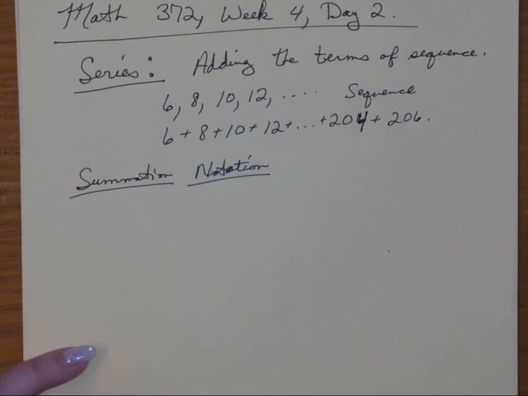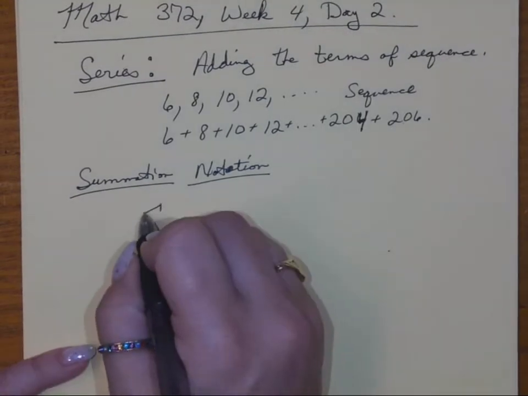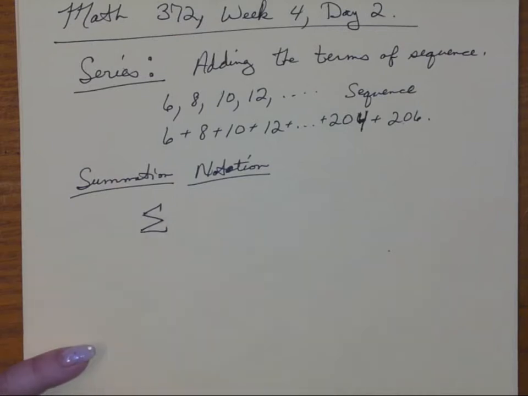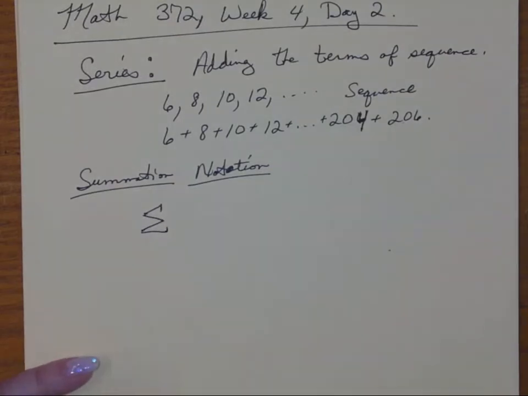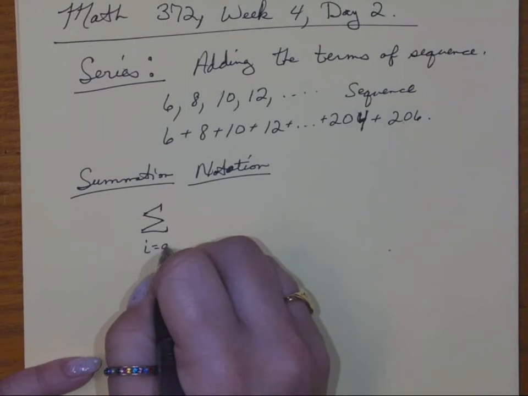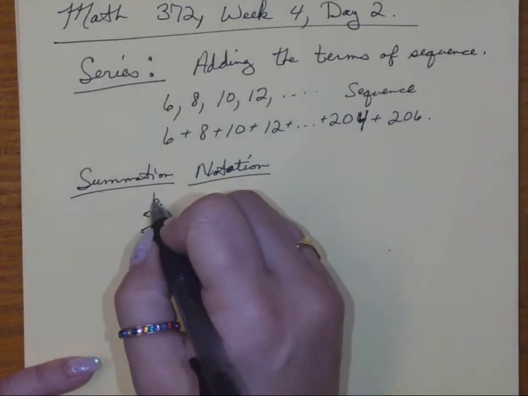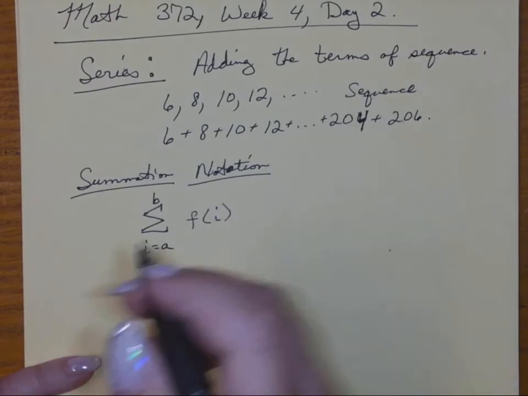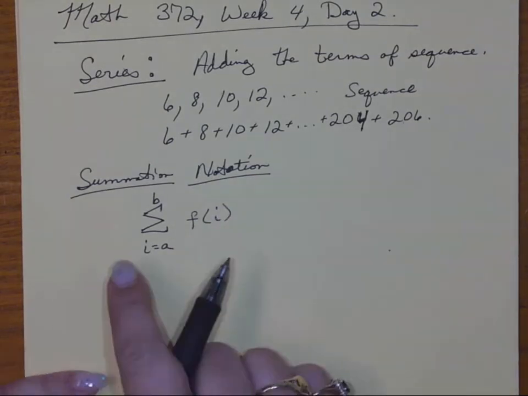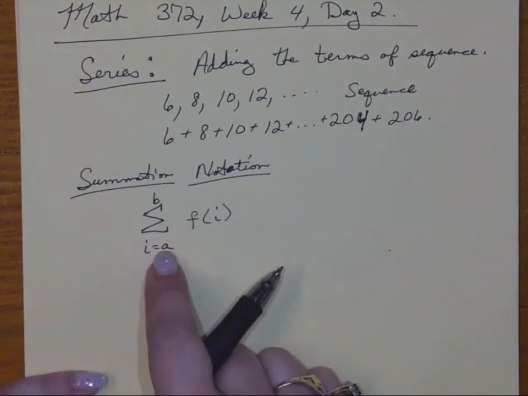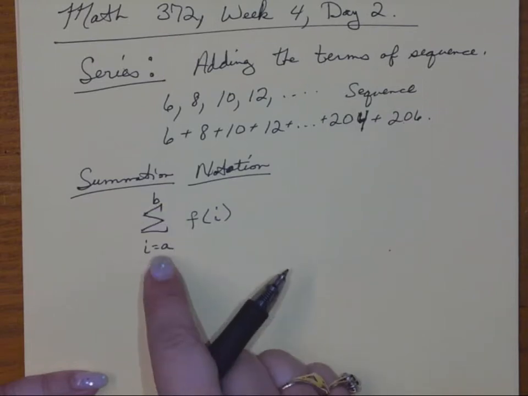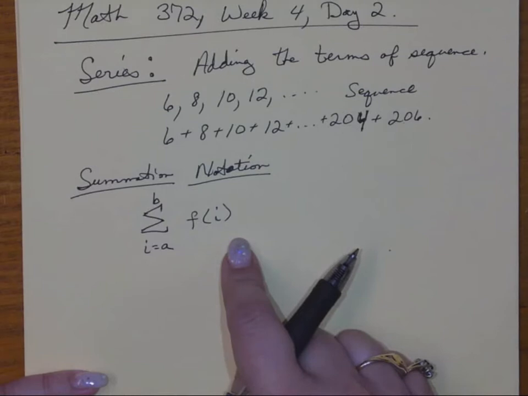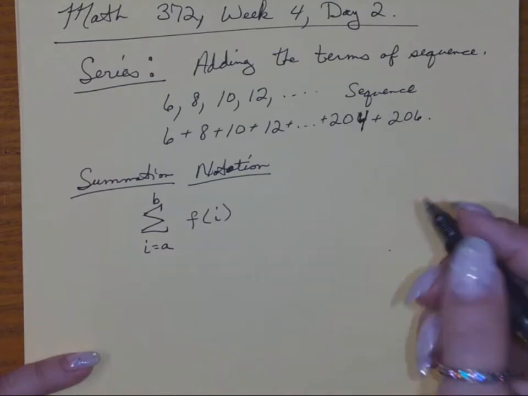So generally this looks like the sigma sign, and it's capital sigma, and we go I equals A to B of F of I. Okay, that's how it's said. The sum of I from A to B, so I'm going to start down here low at A and work my way up to B, where F of I is my function.